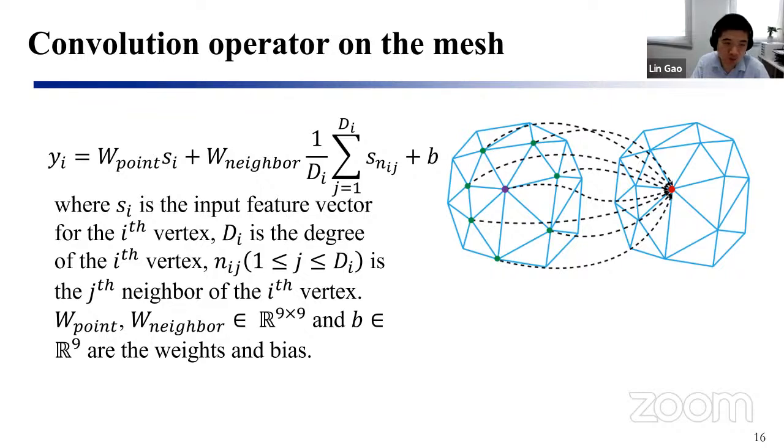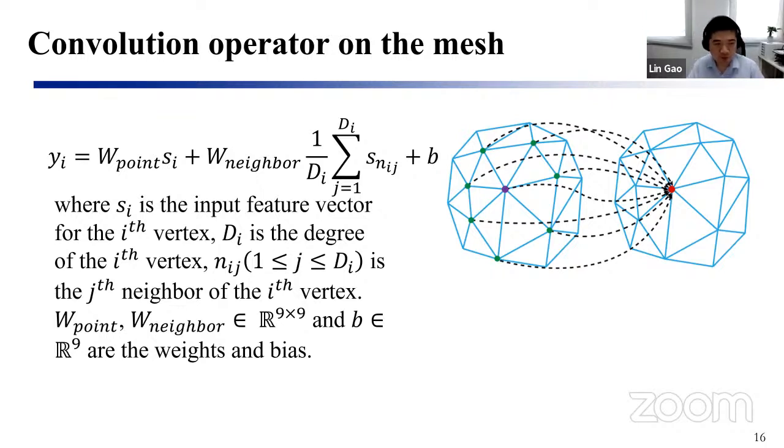Then we also use the average over the neighborhood, divided by the degree of each vertex, multiplied by another weight matrix, and then we add a bias. This is the convolution operation at the mesh level.